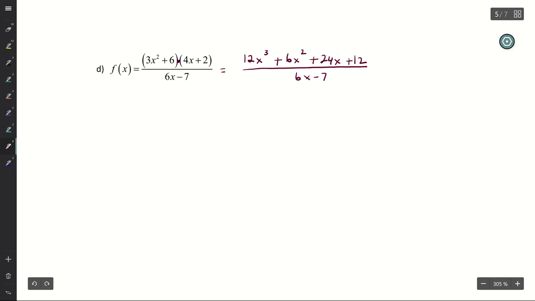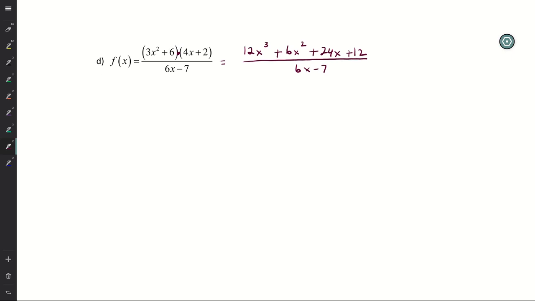All right. I will say there's one thing that I can do on this problem that will save me a little bit of work at the end. And you can either choose to do this at the beginning of the problem, or you can just go ahead and realize you'll have a little bit more work to do at the end. I'm going to go ahead and do it as an introduction to something we're going to see later on. Notice that the top has 6's in common.